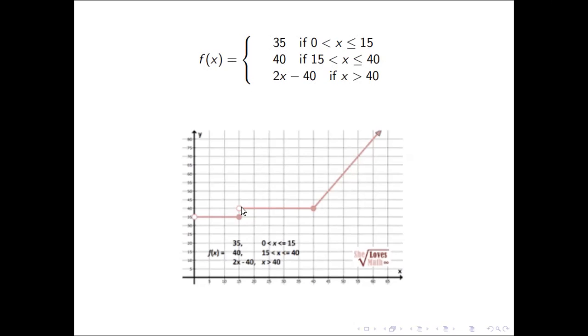And then this is 40 extending from 15 to 40. Okay? Hollow at 15, solid at 40. And then this is the graph of the line, 2X minus 40. Just use point-by-point plotting to get this one. 2 or 3 points are enough.